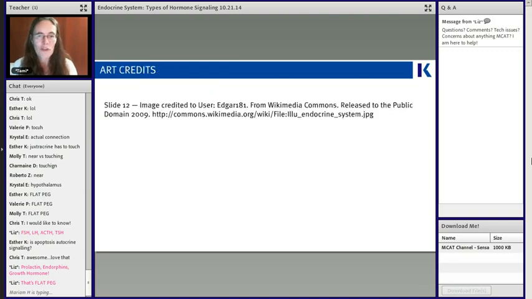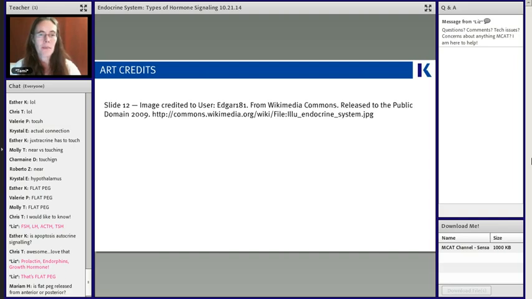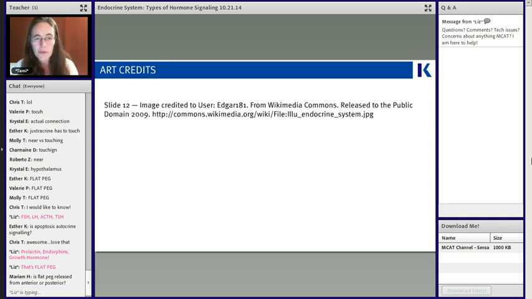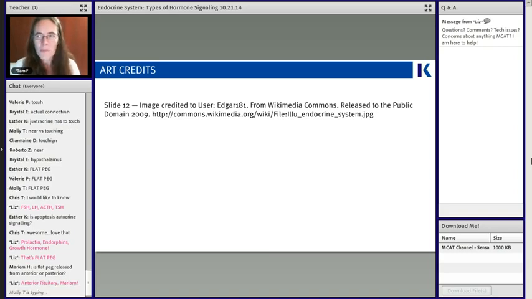Hopefully, you're feeling a little bit better about the endocrine system, different types of signaling, and different types of hormones, and now when we see them in passages, just by their names, we're going to be able to tell the difference between a peptide and a steroid hormone, even if we've never heard of those before. Just by looking at them, we're going to know what they look like, okay? Anterior pituitary. Yep, anterior pituitary.